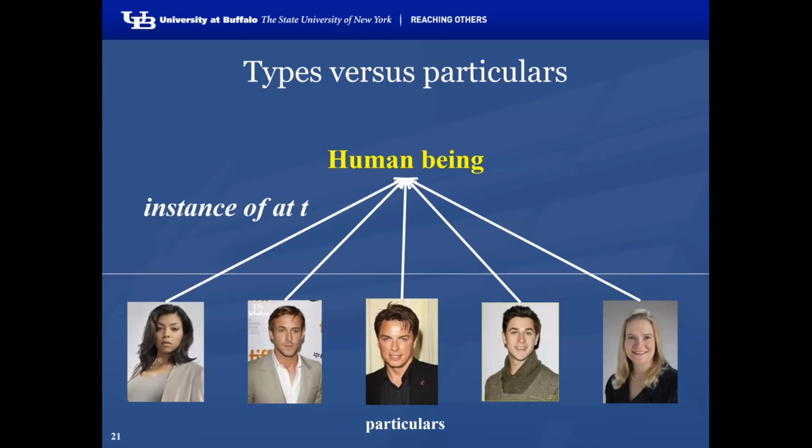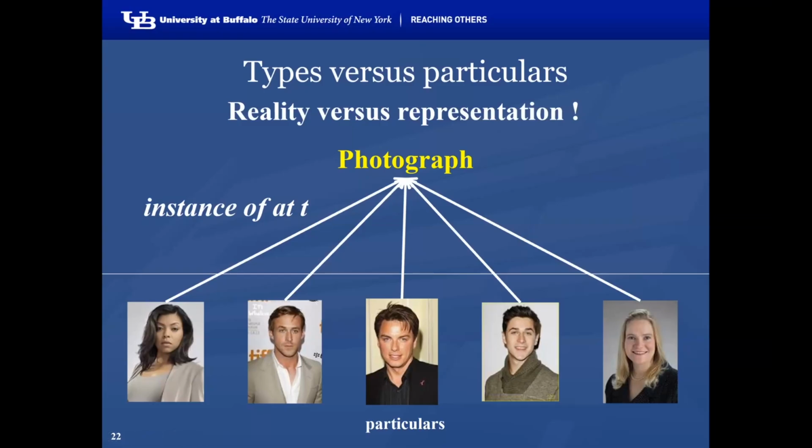Now, remember the first distinction that I made. Can I change this slide? Very slightly change one thing and still be incorrect. Now, I said these are human beings. It's actually not true, right? They are photographs.